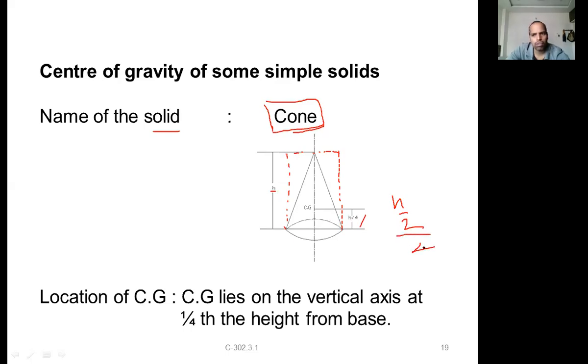That is what we can remember: the center of gravity shifts towards the side where more weight is. So the location of CG lies on the vertical axis at one-fourth of the height from the base, whereas with the previous cylinder it is half.